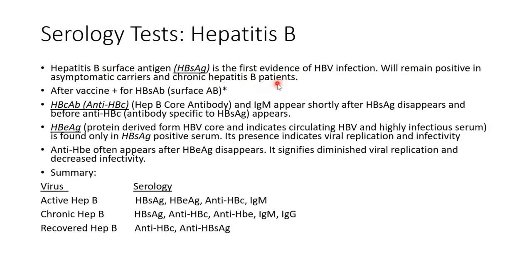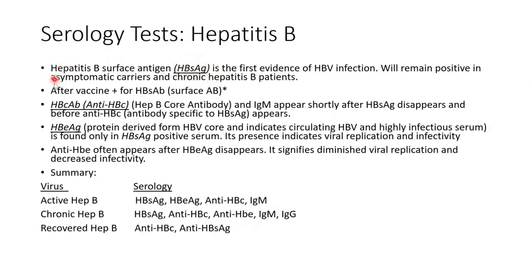So it can indicate chronic or active infection, but we need further workup. So we need to do a little bit more testing. You need more workup when somebody has a positive HBsAg.